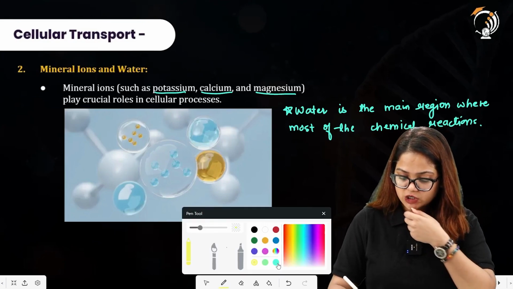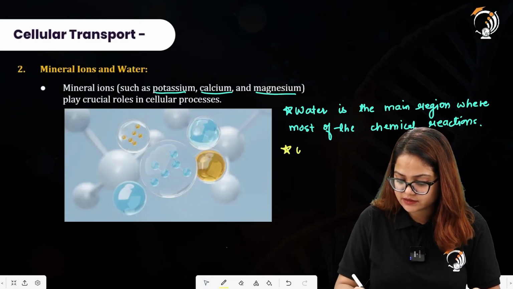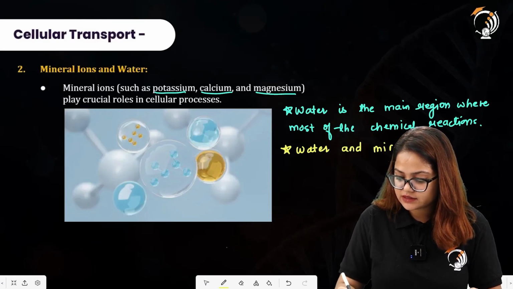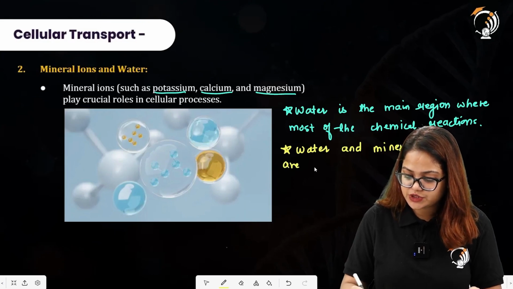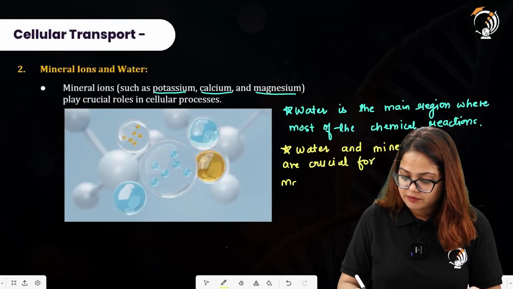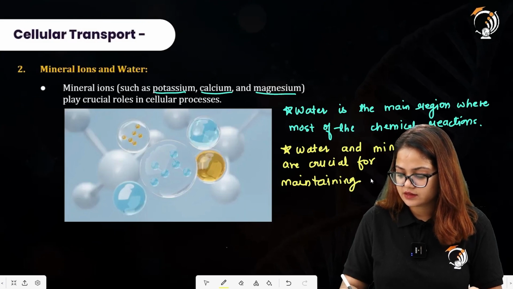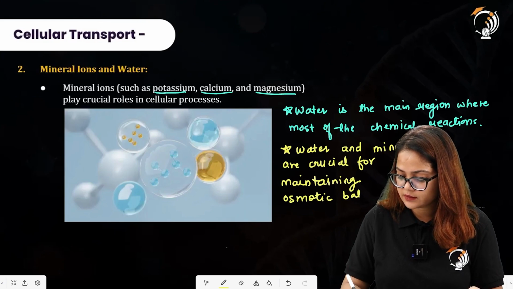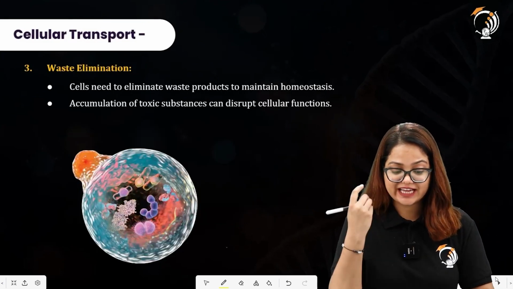Then we had also talked about that both of these, water and mineral ions, are crucial for maintaining osmotic balance. Moving further with the waste elimination.